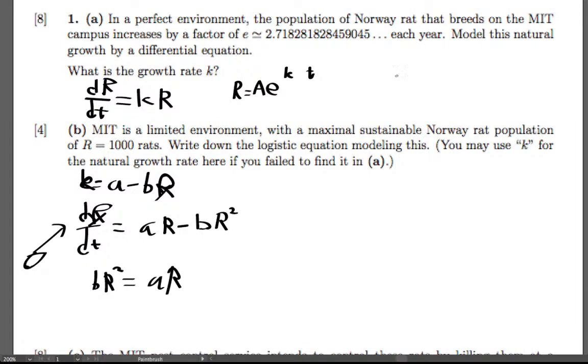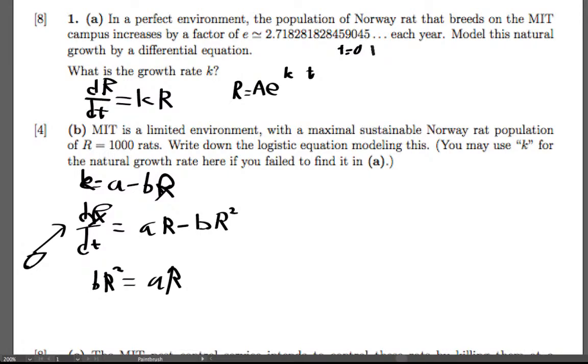Okay, so now let's go ahead and figure out, because the population actually increases by a factor of 2.71 every year. So during time zero, we are going to be comparing things.